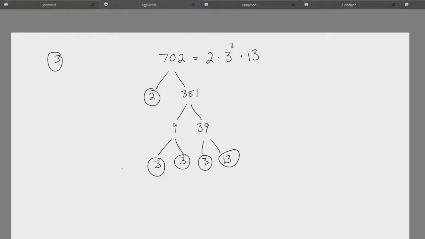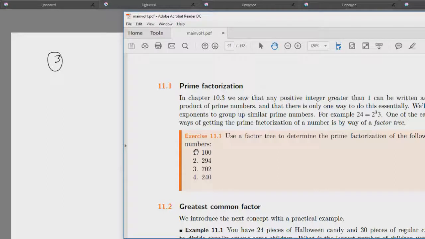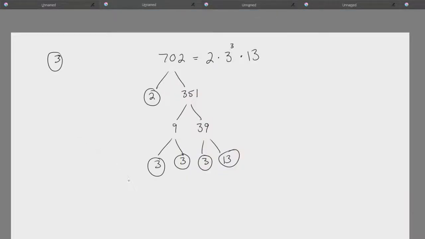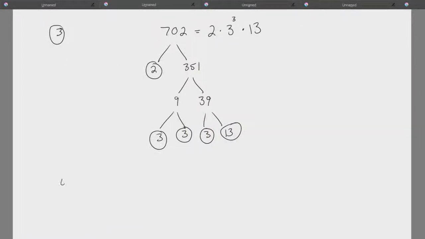Let's do one more. The number 240. So set up the tree diagram with 240. That's number 4, 240.